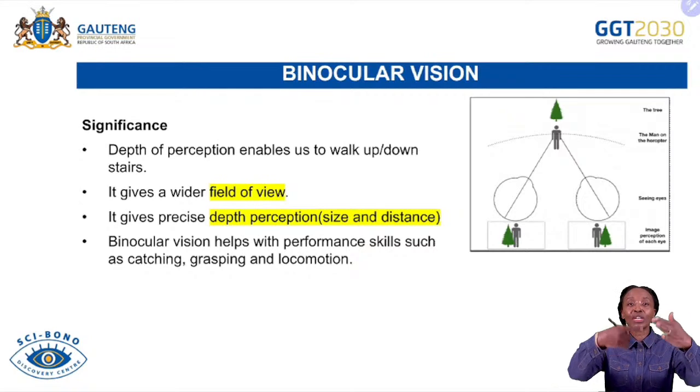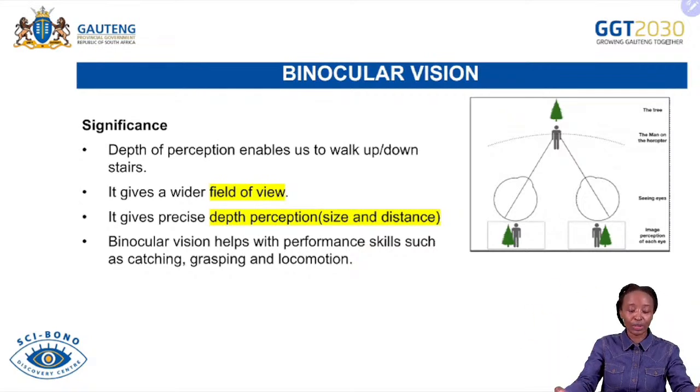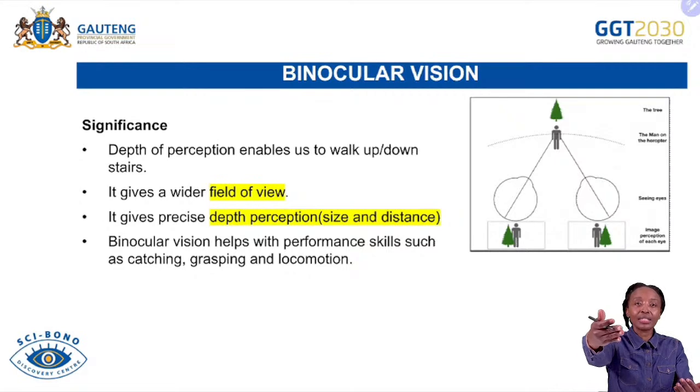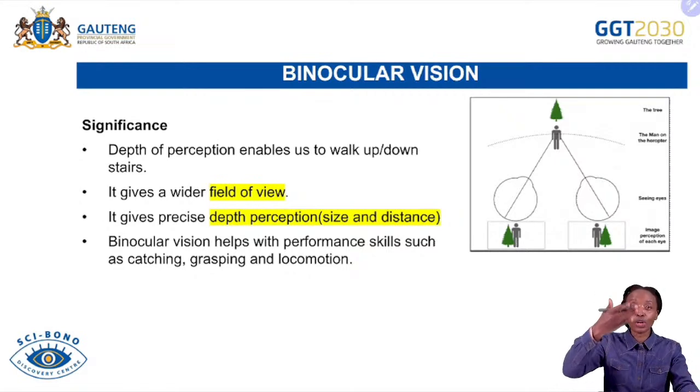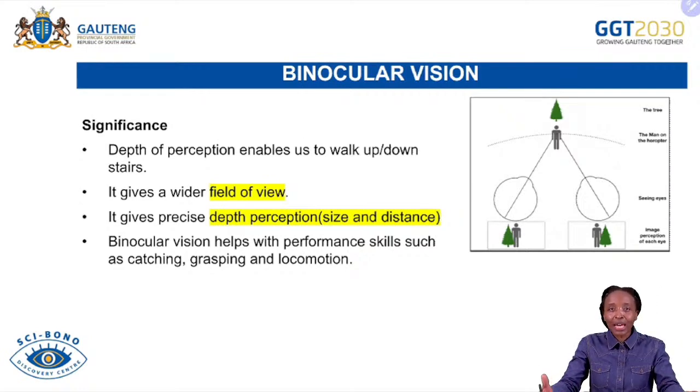I can see what is behind, in front, and on the side of the object that I'm looking at. It also gives precise depth perception, like how far or how close the object is to me. So binocular vision is what helps us to walk, jump, run, walk up the stairs, and do all those activities, because we are using two eyes to focus on the object.